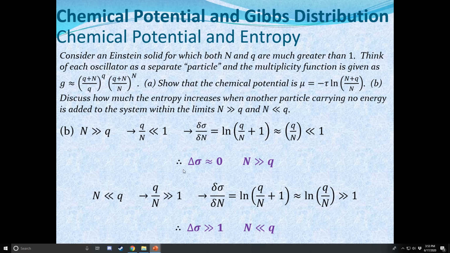It's barely going to change the entropy. But if we have a lot of energy to distribute, to the point where there's more energy than there are particles, adding in one extra particle will actually increase our entropy by a drastic amount. So that's what this equation ends up getting us.